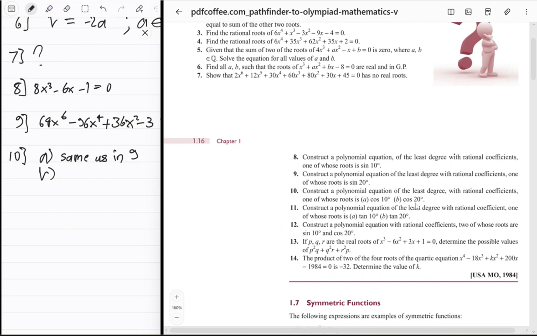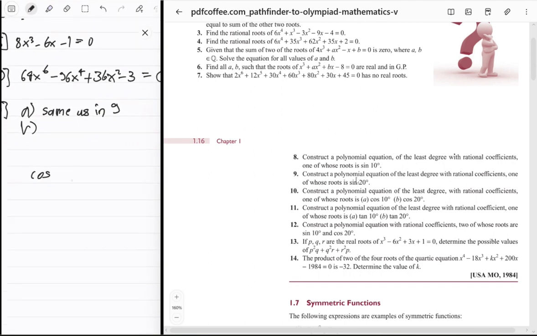Pi upon 9 is what 20 degrees is. So in this case, n might be a different thing. The first one was cosine of 10 degrees, that was cosine of 80 degrees, which is 2 pi upon 9 times 2. In this case, we are just dealing with pi upon 9.